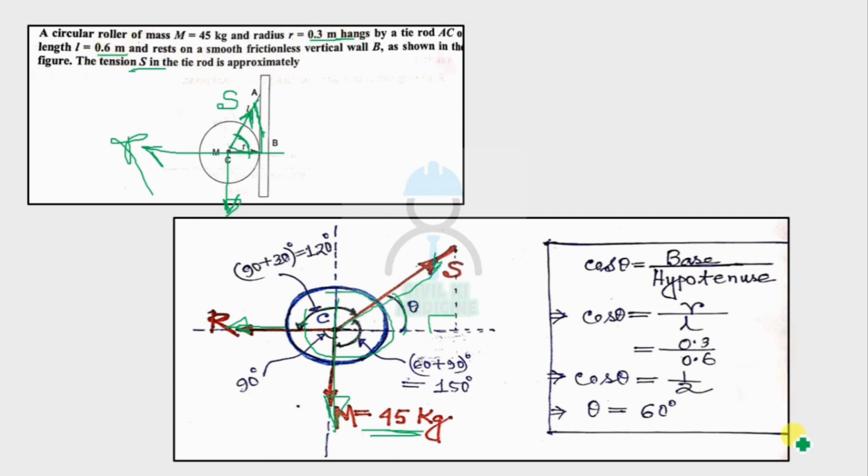So as per geometry we can write that cos theta equal to base by hypotenuse. Here the base is R, so R by L. We have to find this angle, therefore this will be the base, that means R, and this will be the hypotenuse, L. R by L is 0.3 by 0.6, that means cos theta is half, that means theta equal to 60 degree.